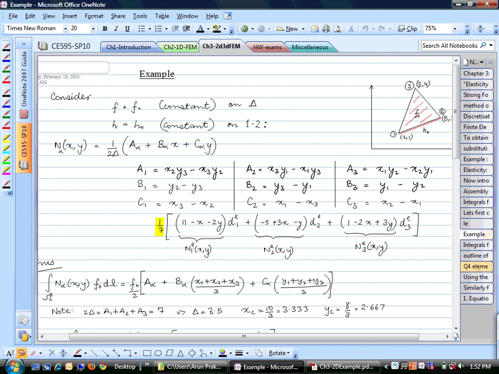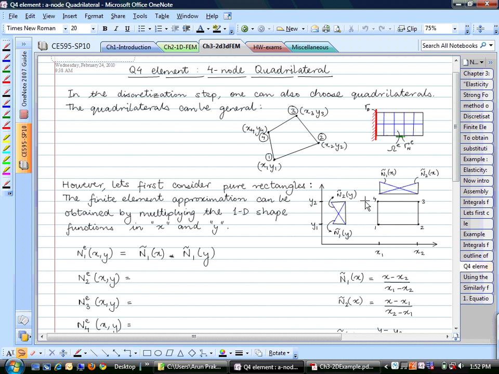But in this Q4 element case, and especially when we have a nice rectangle that is oriented along x and y, the easy way to construct all these shape functions is by multiplying the one-dimensional shape functions. So this, if you remember, was the one-dimensional shape function in the x direction. This is n1 and this is n2.